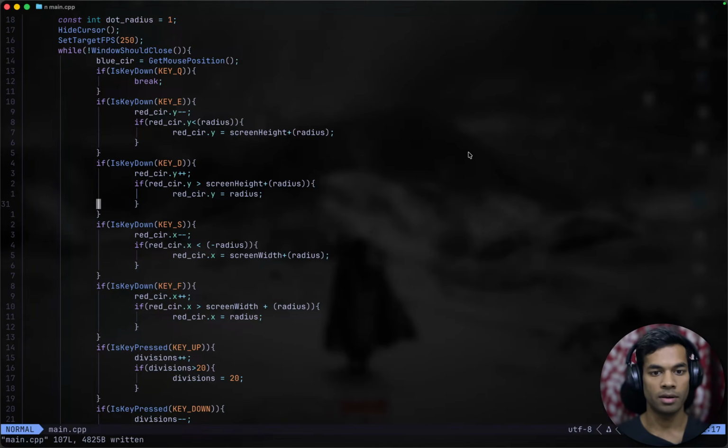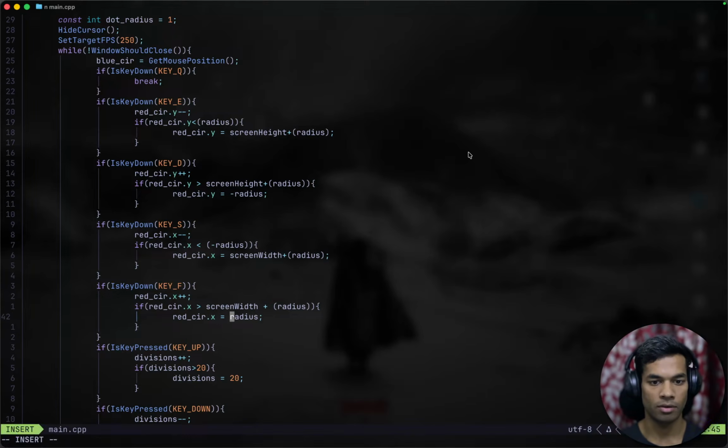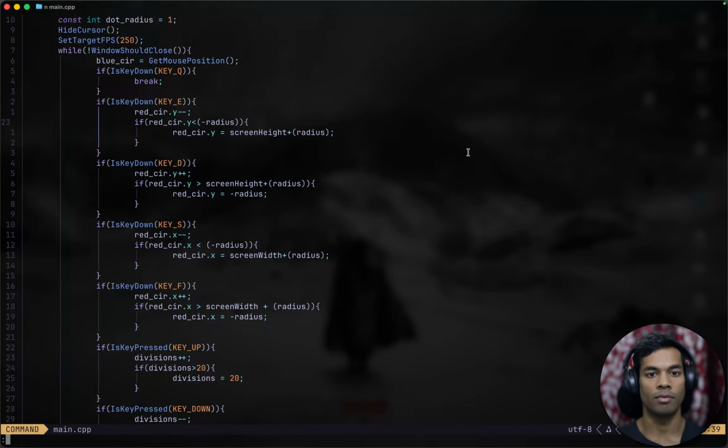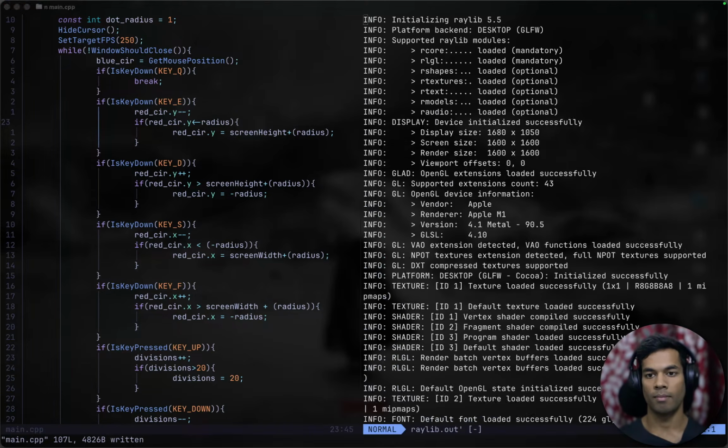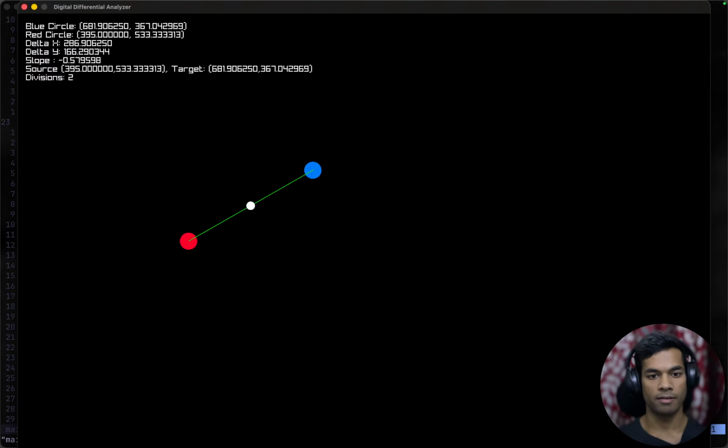Do this, and here make it not equal to radius, but negative of the radius. And here also negative, and here also negative. Let's see. Yeah, that is nice. That is good.